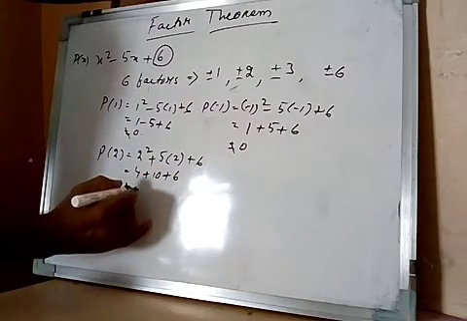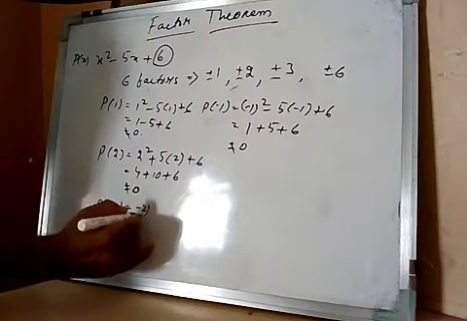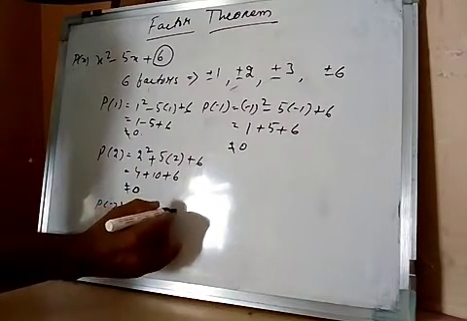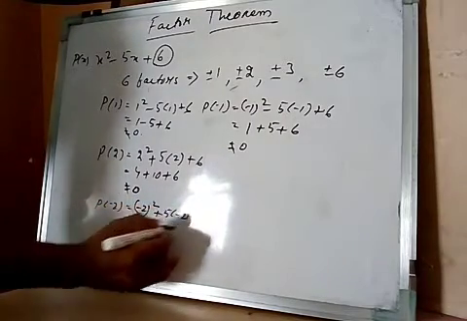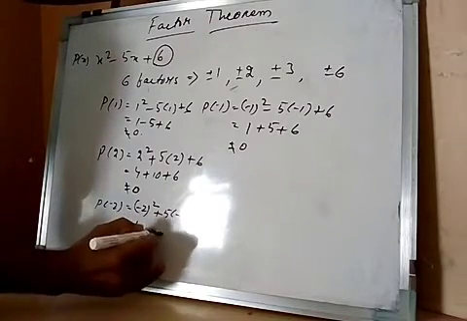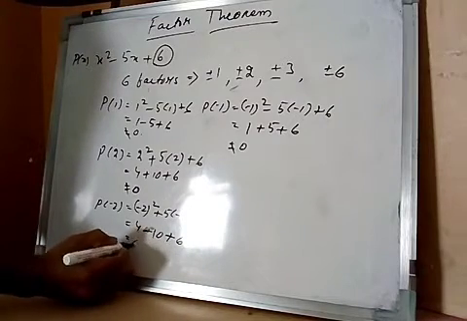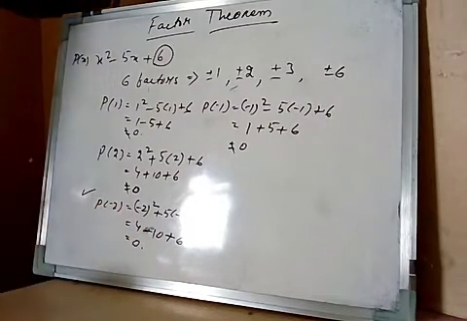Now p of minus 2, minus 2 whole square plus 5 into minus 2 plus 6: 4 minus 10 plus 6. 4 plus 6 is 10, minus 10 equals 0. So this one is possible.